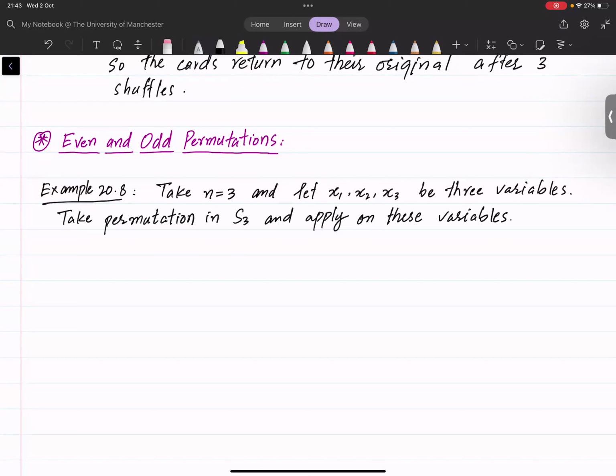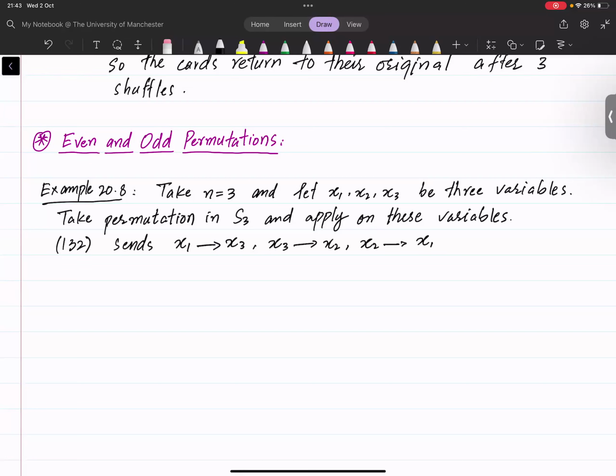So the permutation (1, 3, 2) sends x1 to x3, x3 to x2, and x2 sends back to x1.